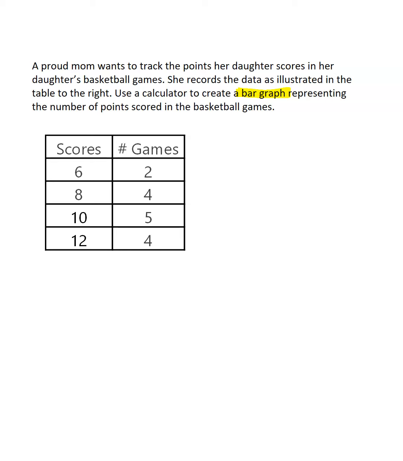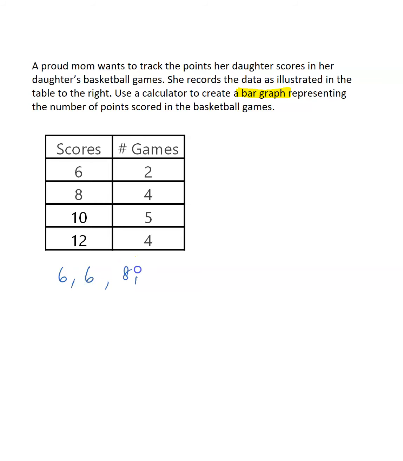You can change it to something else, but it's meaningless because we want it to occur only once. So this data, what I'm going to do is I'm going to rewrite this data. Even though it is summarized for us, unfortunately I have to undo this and write it as a single list. So we know that the daughter scored 6 points in 2 games, right? So that means the 6 repeats. Use a different color. So 6 repeats twice.